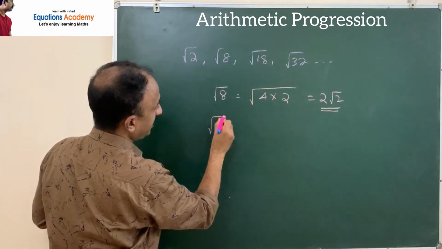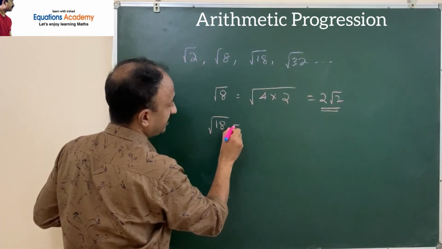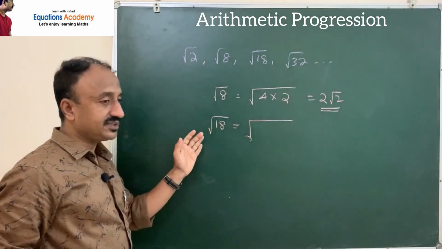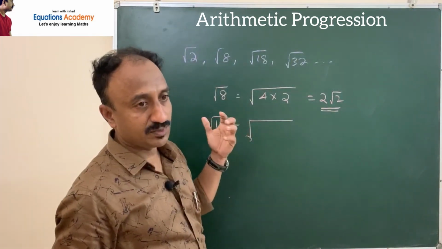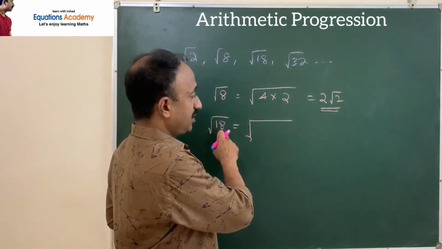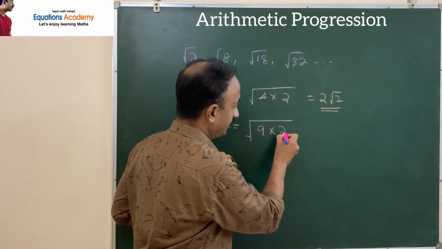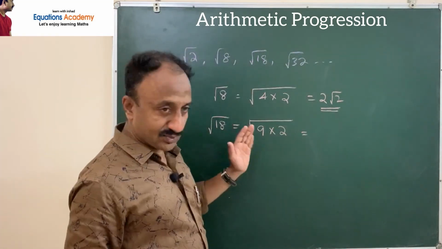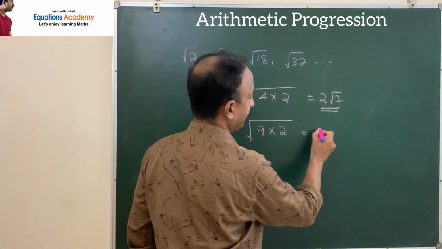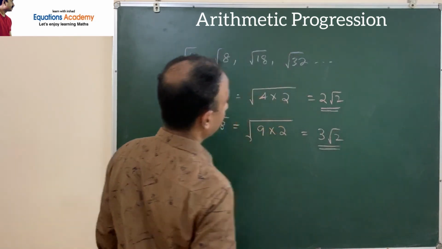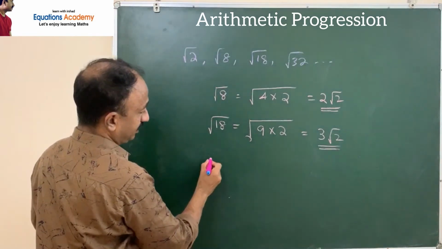Then go to root 18. This also can be written as a product of a perfect square and a number. So root 18 we will write as 9 into 2, is equal to root 9, we know root 9 is 3, then root 2. So this is 3 root 2. We'll go to root 32.